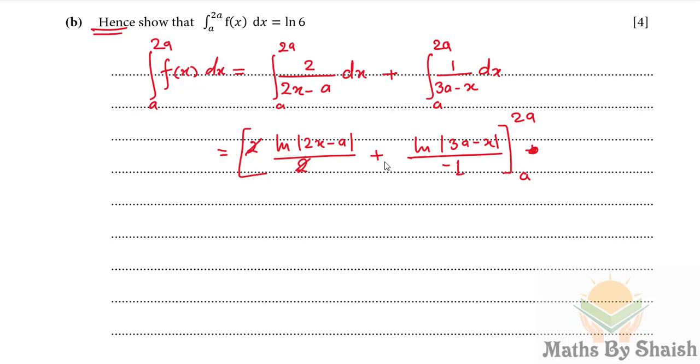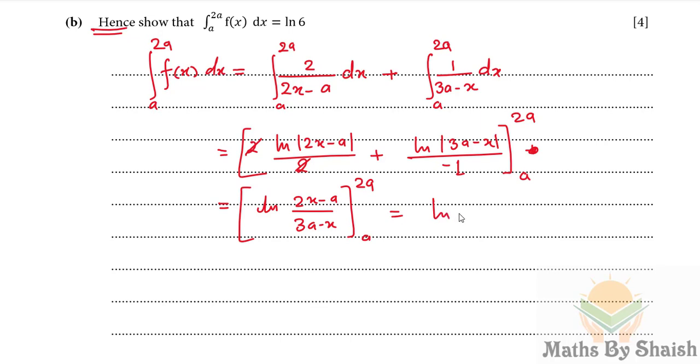The 2 cancels with this 2, and it becomes minus, and we can write it again as ln of 2x minus a. We can remove the modulus, because between a and 2a it is going to be positive everywhere. Because it is minus, by the log property it would be a division by 3a minus x, from a to 2a.